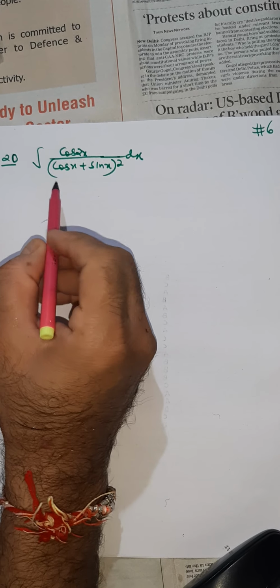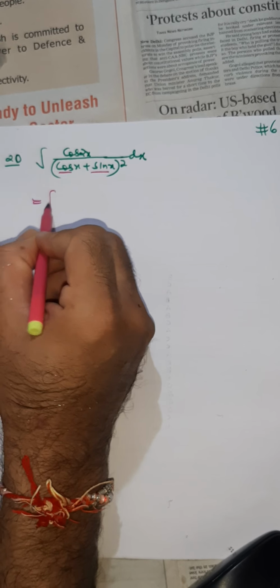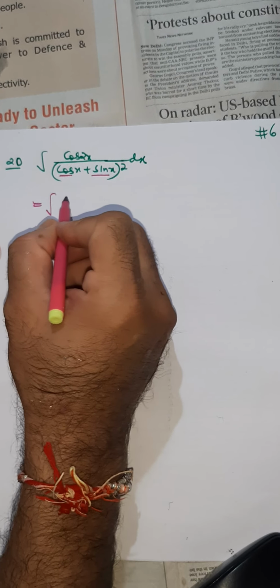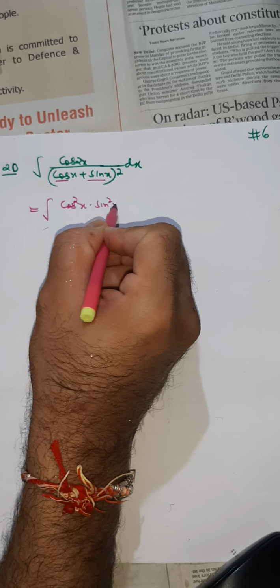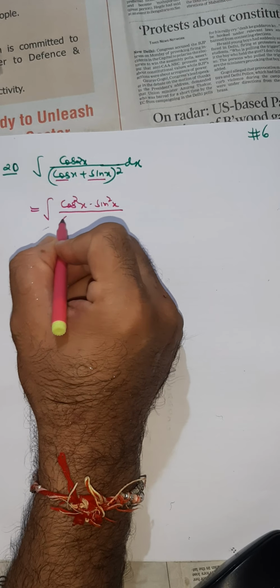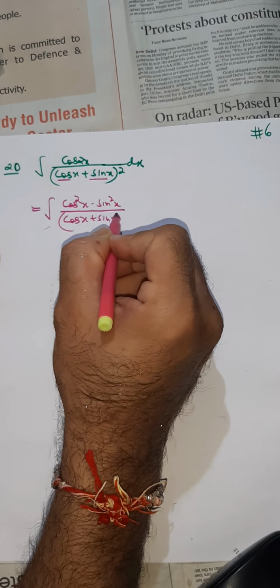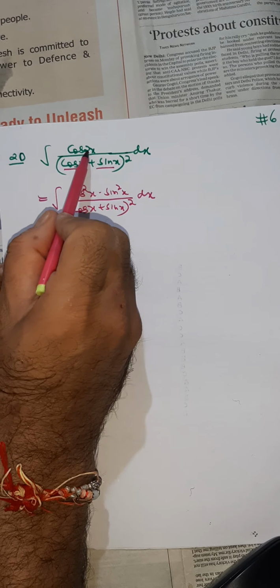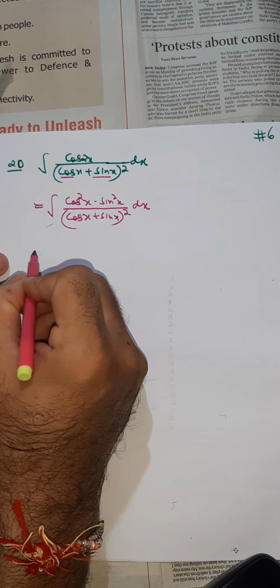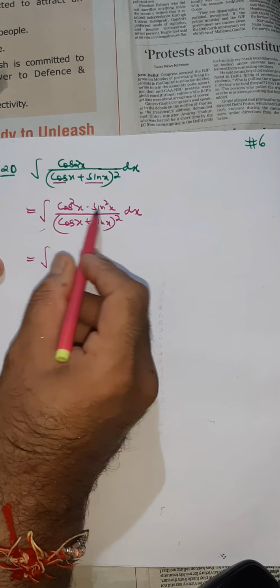So here, the formula of cos 2x in terms of cos and sine, which is cos square x minus sine square x, upon cos x plus sine x the whole square. What is the important step here? That 2x we will reduce in the form of x. Now your a minus b, a plus b.